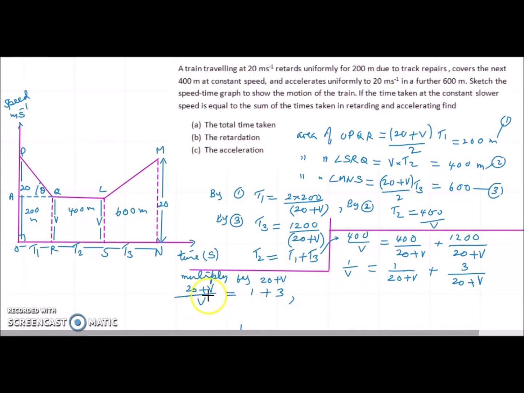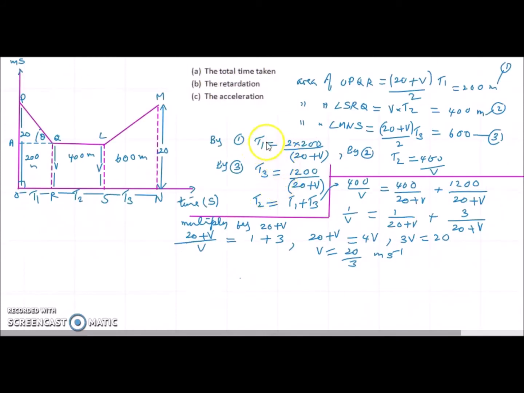Now we multiply the whole equation by v, then we get 20 plus v on the left hand side equals 4v. That is 3v equals 20. So v equals 20 by 3 meters per second.